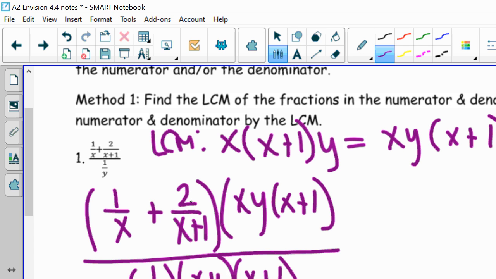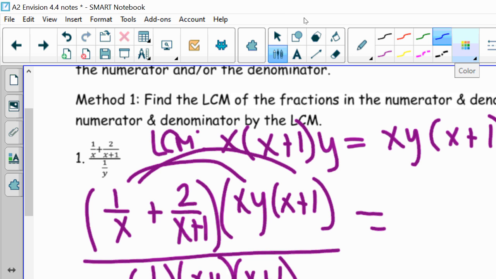Okay? So now I have to distribute here and distribute here. So on the top, when I do 1 over x times all of that, those x's cancel out just on this first part, and I'm left with y times x plus 1.